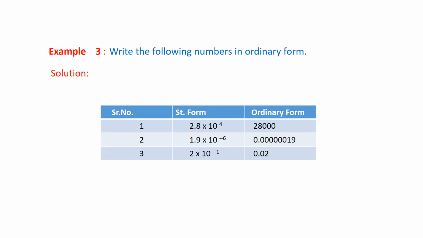And similarly, in the next part, 1.9 into 10 raised power minus 6 is here. 10 power minus 6 can be removed by moving the decimal from here towards the left side 6 places. We get this answer. And similarly, the third part is here.